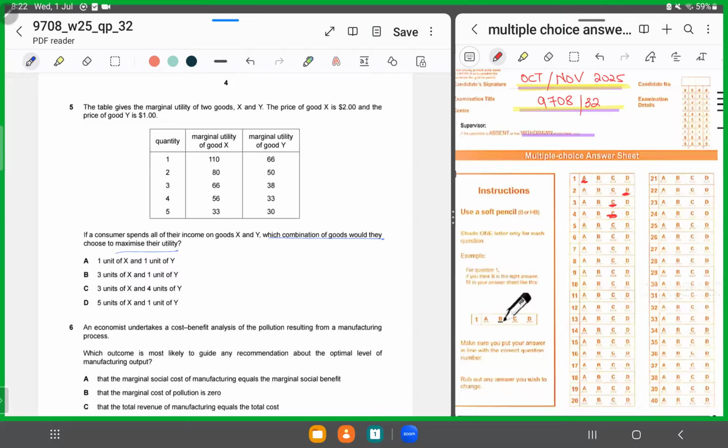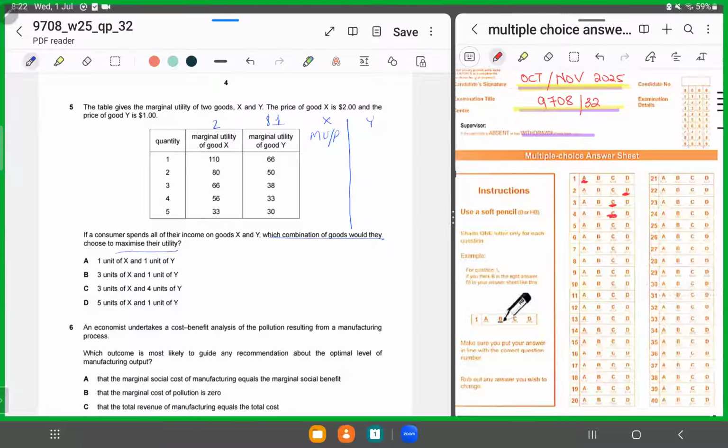Now, how to go about solving this question is we will calculate the marginal utility per unit. That means we'll calculate MU upon P for X and for Y. For that, we need to divide marginal utility by its price. Here we'll divide it by 2 and here it has to be by 1.